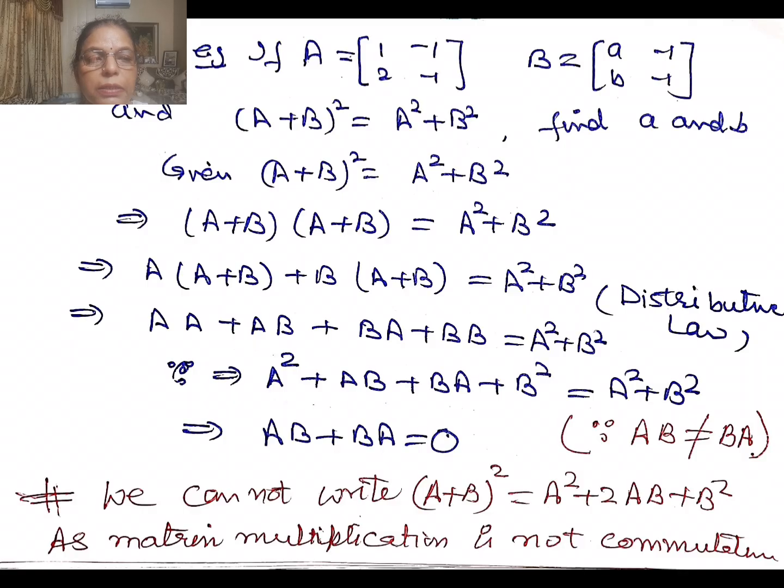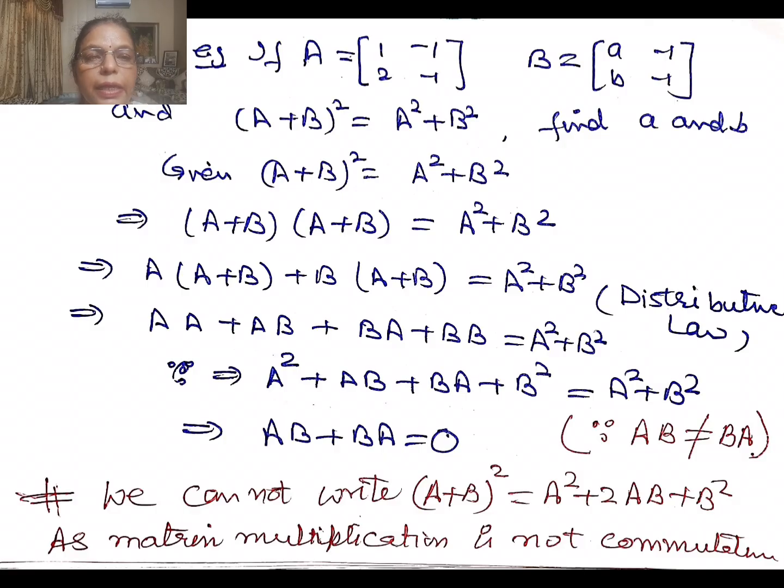(A plus B) into (A plus B) is equal to A square plus B square, which implies A into A plus A into B plus B into A plus B into B equals A square plus B square, that is A square plus AB plus BA plus B square equals A square plus B square. By cancellation, we get AB plus BA equal to the zero matrix.